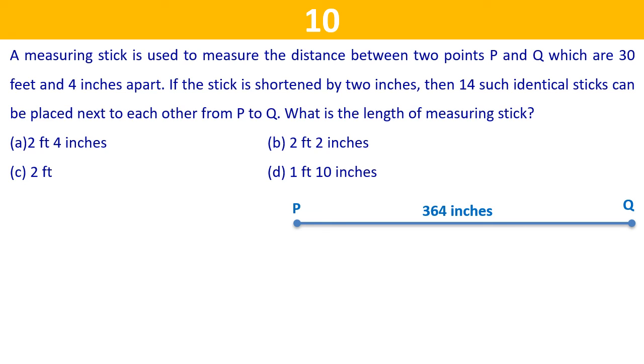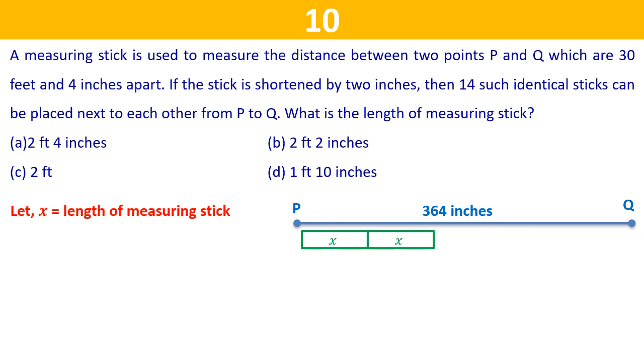It is asked in the question, what is the length of the measuring stick? This I had told you in the beginning of video itself. Whatever is asked in the question, assume it as a variable. So length of the measuring stick, let us say, is equal to x. Then we need to place this measuring stick side by side like this.